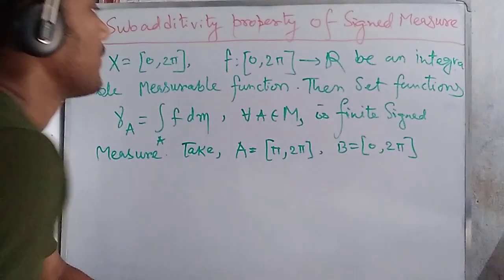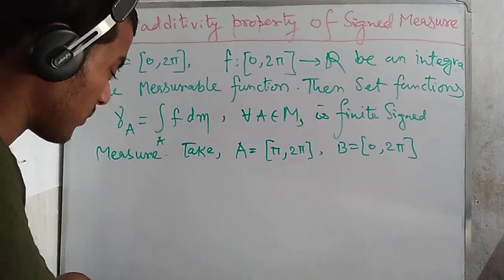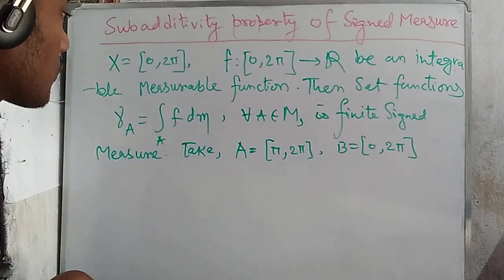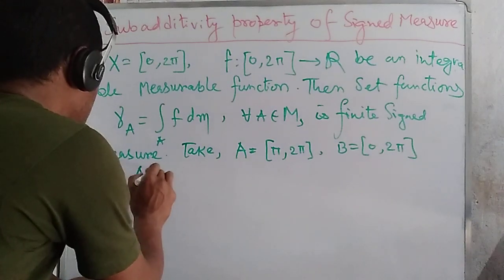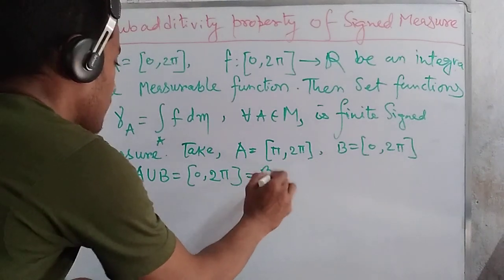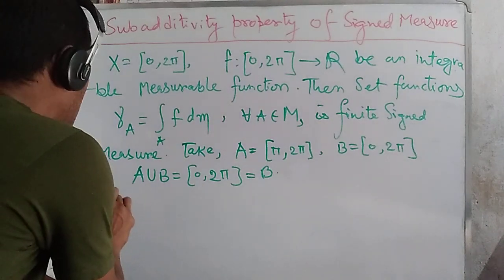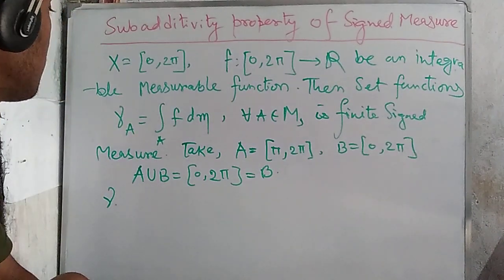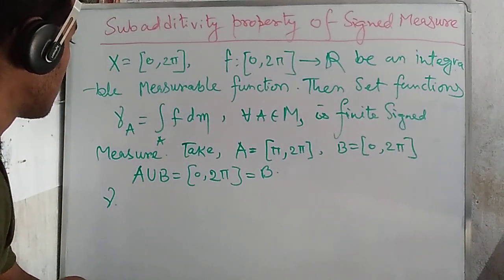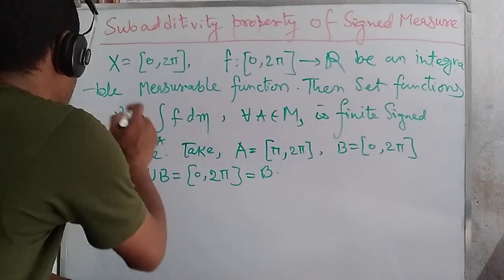Then obviously we know that A union B equal to 0 to 2 pi, that means B. So we write here gamma of A, okay, in this way.